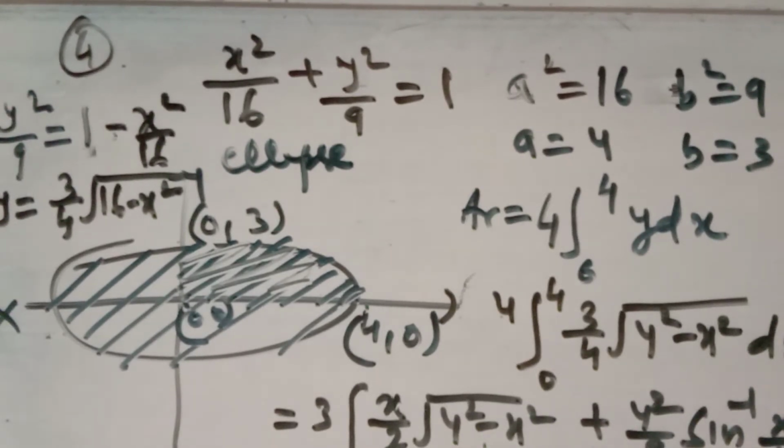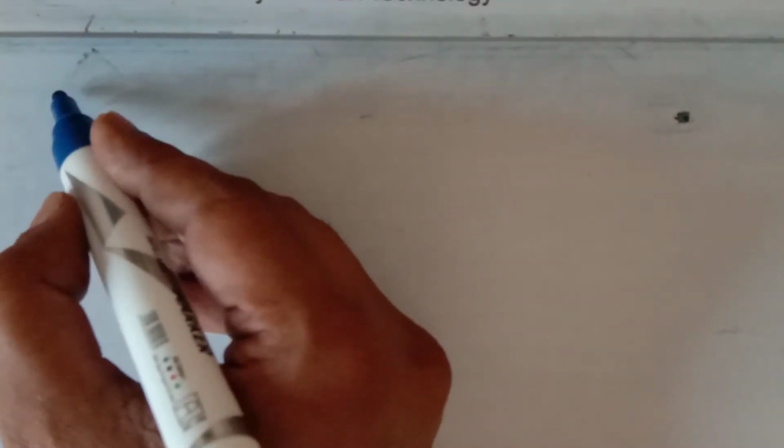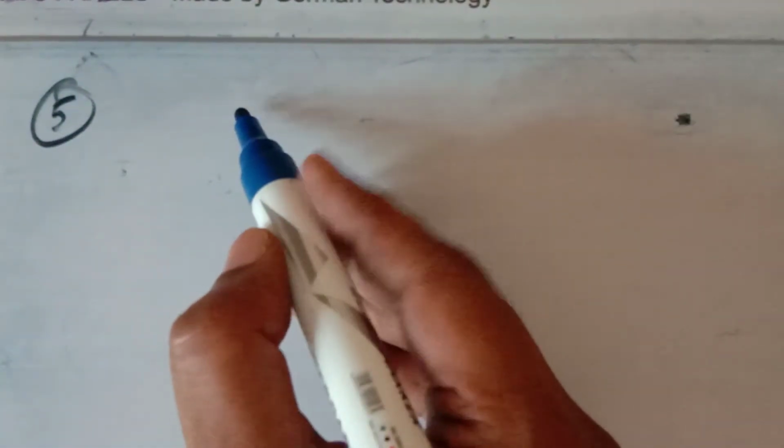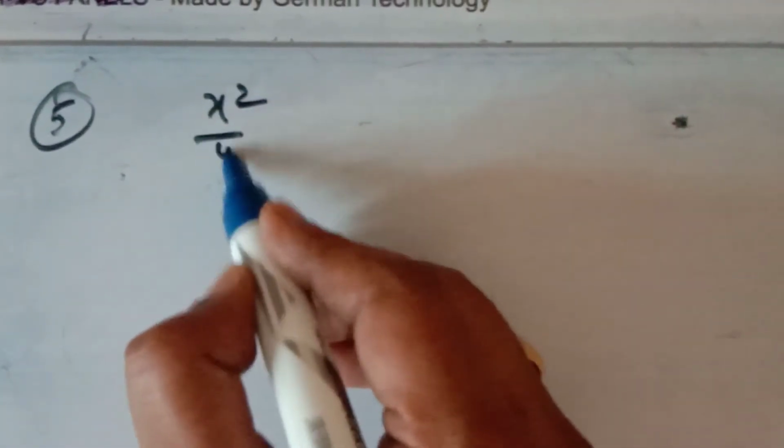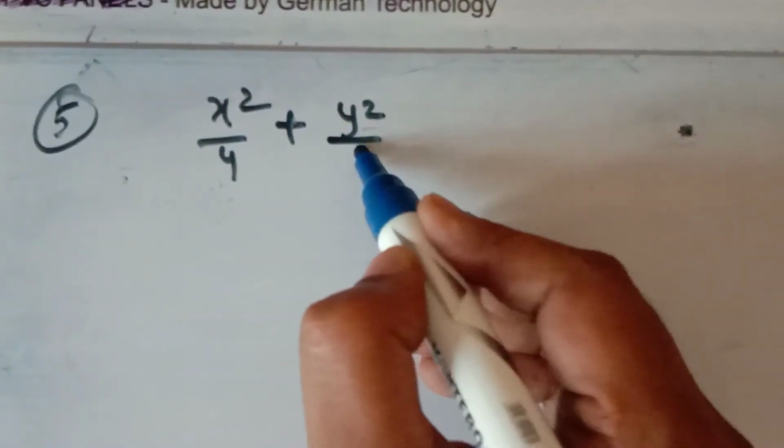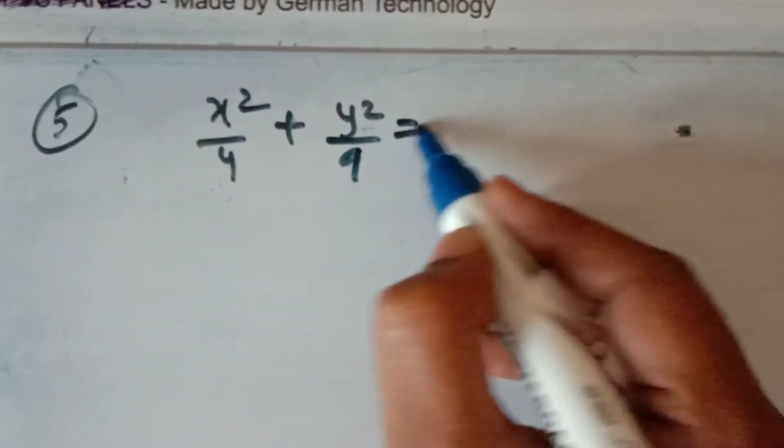Now question number 5 is just the same as question number 4, where 4 is a horizontal ellipse, but question number 5 is a vertical ellipse. And the method to do it is just the same as we have done now. This is question number 5, and the curve is x square upon 4 plus y square upon 9 is equal to 1.